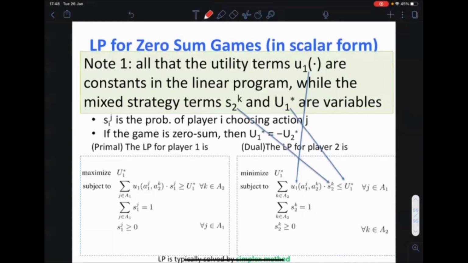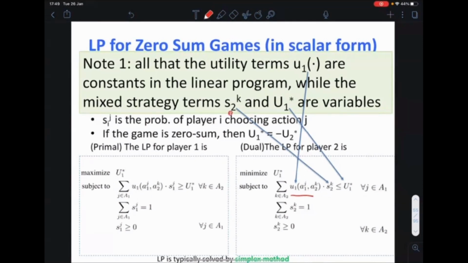All of these utility terms U1 are constants in the linear program, right? This is specified by the reward function. And the mixed strategy are the variables that you will try to get, right? So what you want to get is this mixed strategy, for each of the dimensions, what's the value, indicating the probability you're going to choose that action.